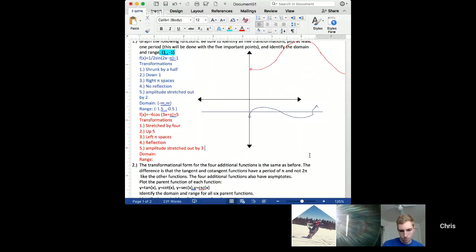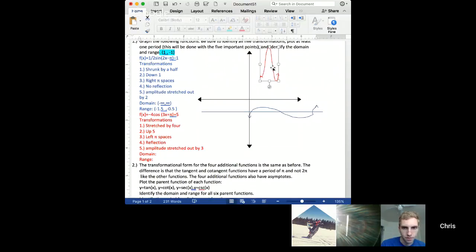Looks like we may have gone the wrong way. Show me on the graph. No, I see what you're saying, it's more like that. Oh, it's showing me on the graph that it starts... Did I type something wrong? Hold on. It's -4 cosine. Oh, it should be like that. Yeah, like that. There we go.